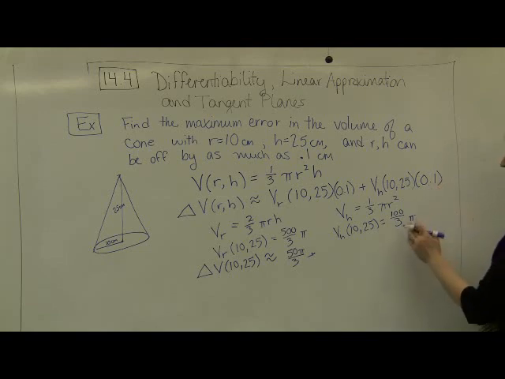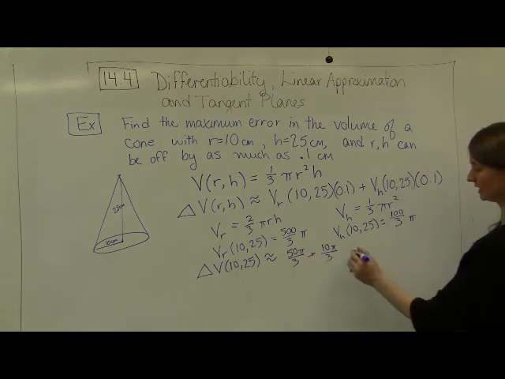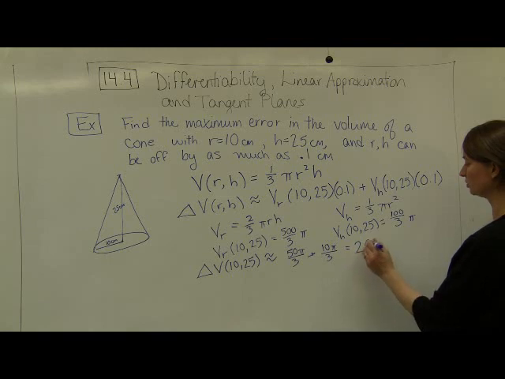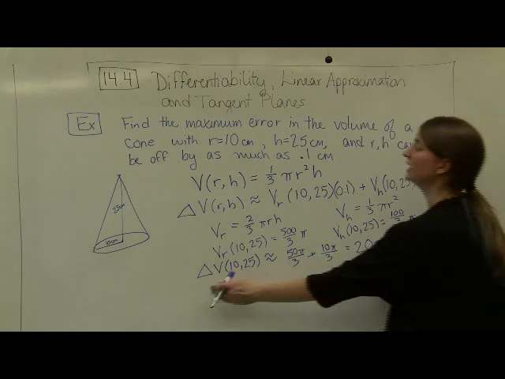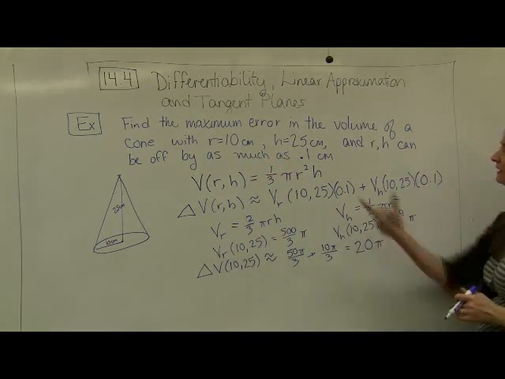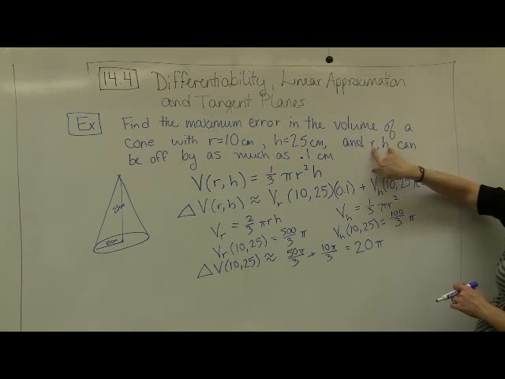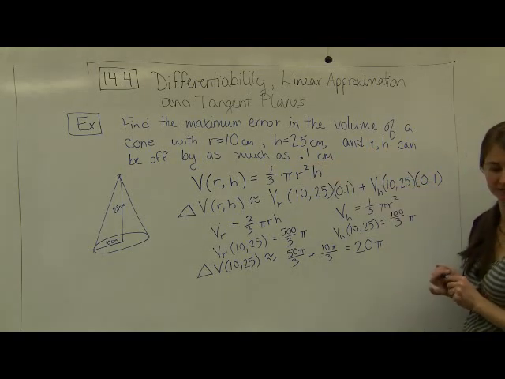It'll make it 1/10 as big, so I end up with 10 pi over 3. And adding these two things together, I end up with 60 pi divided by 3, or 20 pi. So what did this just tell me? This is the maximum error that I could have in my volume given a cone of these dimensions and a possible error in each of the r or h of 0.1. And hopefully my arithmetic is correct.